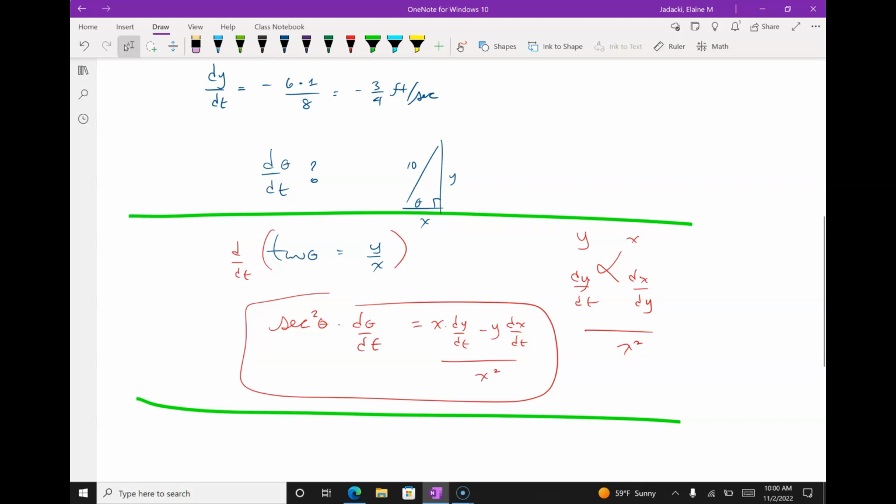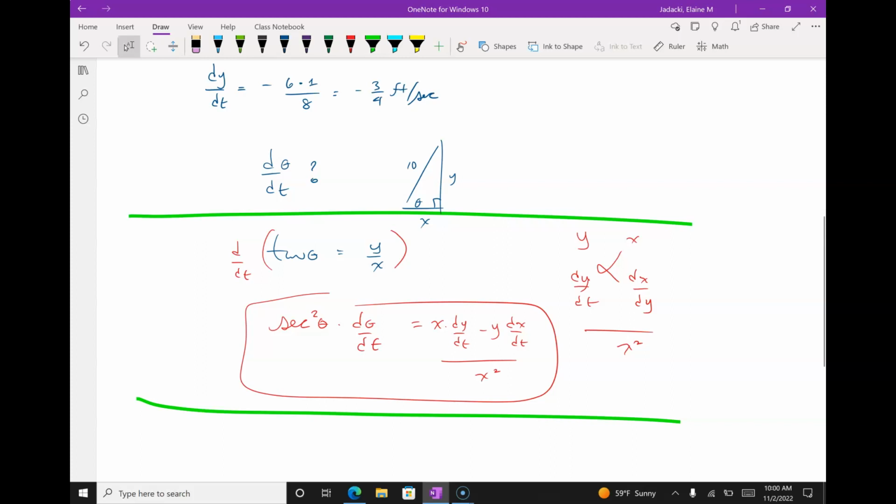Perimeter? Sure, right? X plus y plus 10 is going to equal the perimeter, right? What else? That's a boring one, so I won't ask that one.